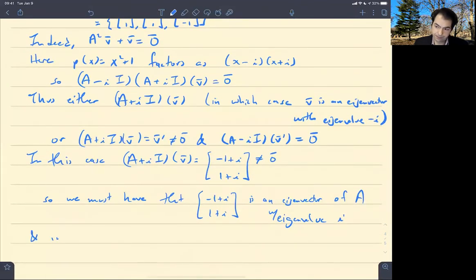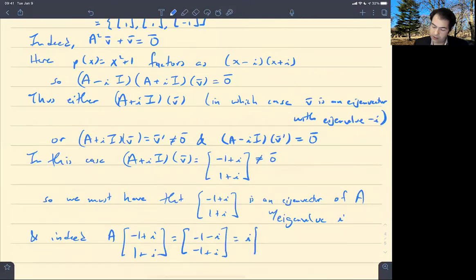And indeed, if you do A times (minus 1 plus i, 1 plus i), well, A just switches the entries, and will give us (1 plus i, minus 1 plus i)... and you can easily check that that is i times (minus 1 plus i, 1 plus i), as required. So there's the same argument, but in a specific case.